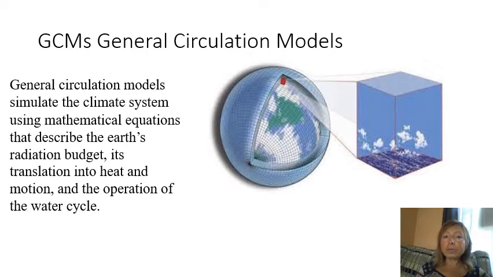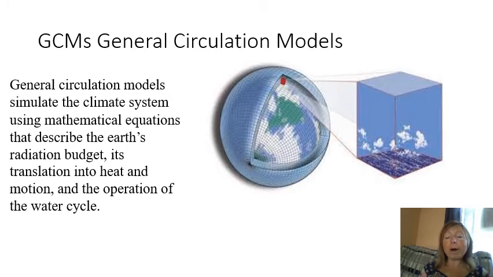The GCMs simulate the climate system using systems of mathematical equations that describe the Earth's radiation budget and its translation into heat and motion, and the operation of the water cycle in the atmosphere and between the atmosphere and the ocean and land.